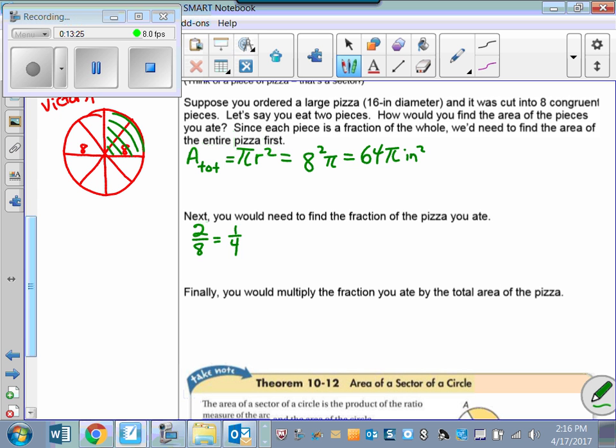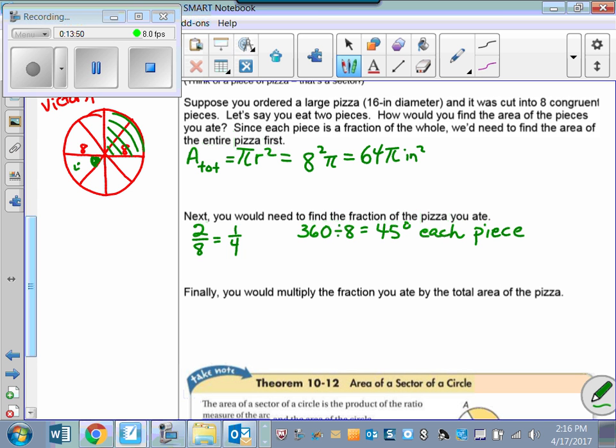So what I know is if I got 8 pieces, then I want to do 360 divided by 8, which gives me a central angle for each one of those pieces of 45 degrees, right? For each piece. So each piece has a central angle here. I'll mark it this way.